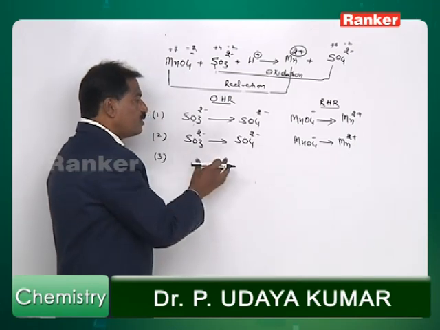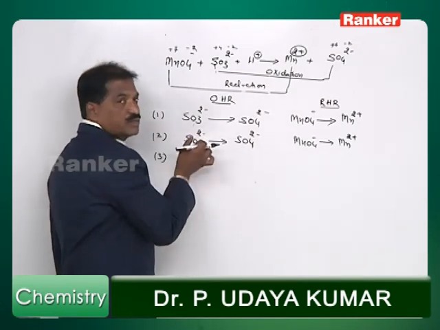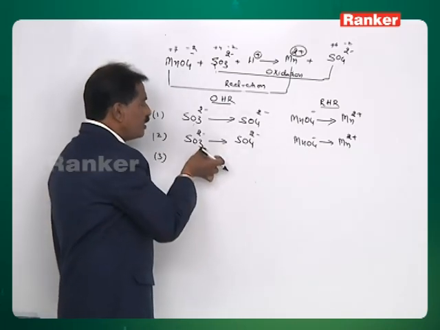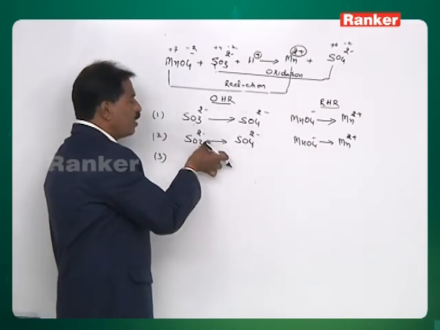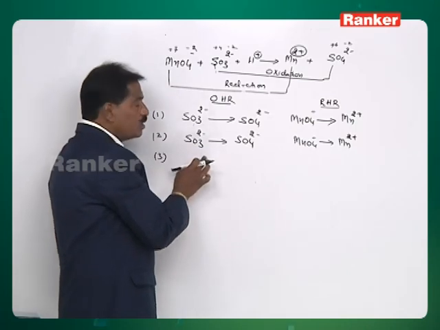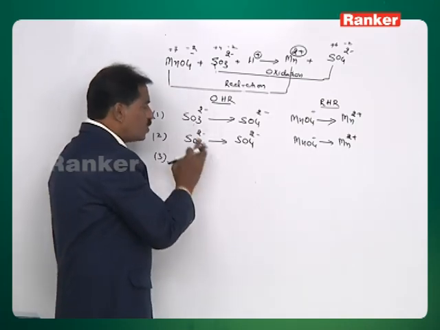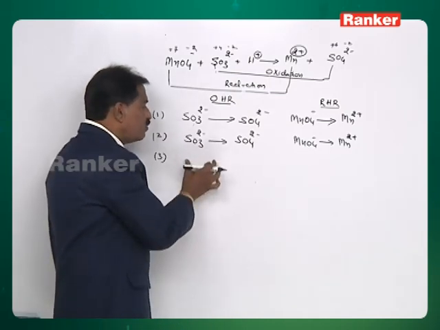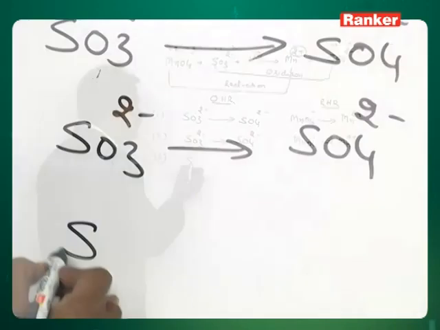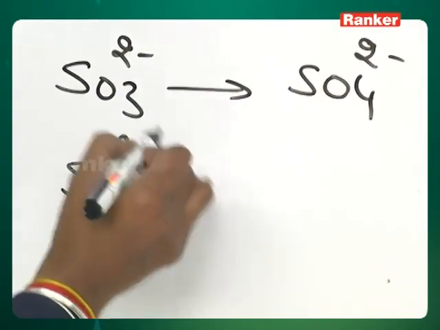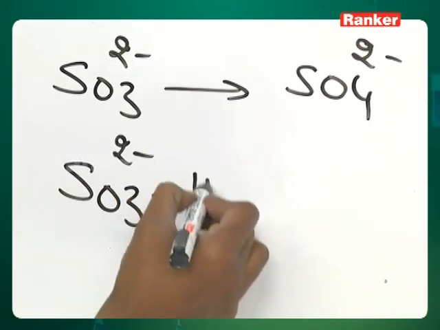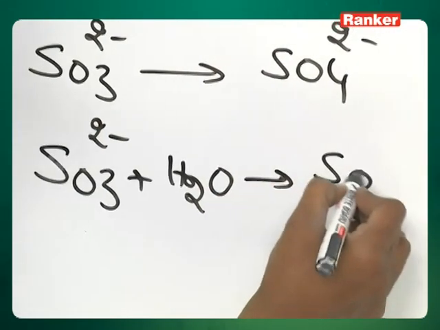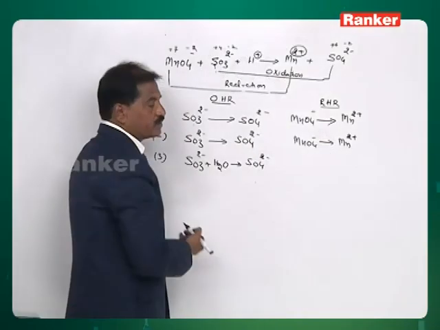For addition of the water molecules, you count the oxygens. First find the difference. Here 3 and 4. Here a deficiency of oxygens is present. How many oxygens are deficient? Only 1. So for the deficiency of each oxygen, add 1 water molecule. That means here we have to add 1 water molecule. So SO3 2 minus plus 1 water molecule gives SO4 2 minus.